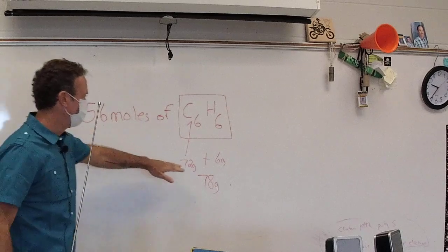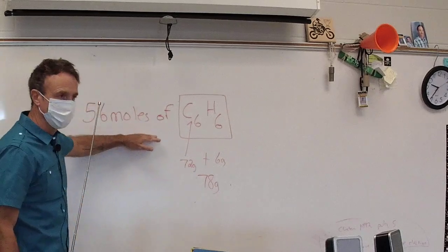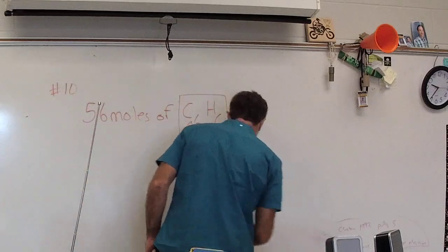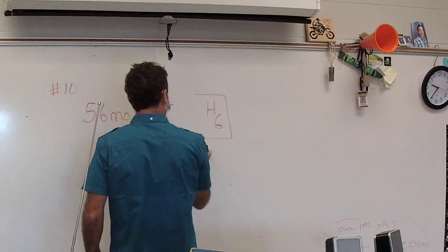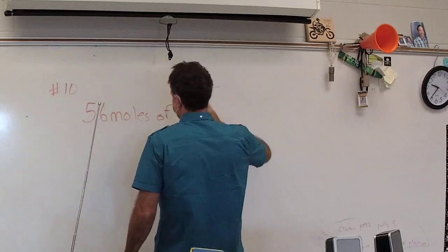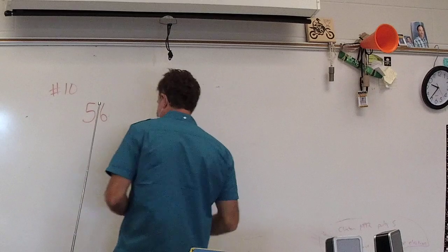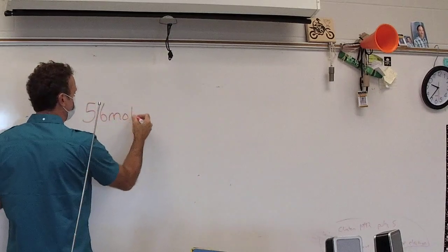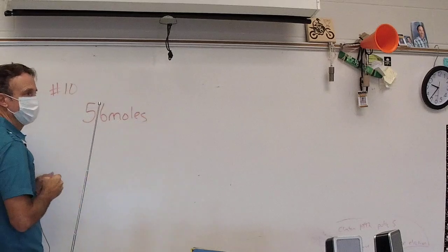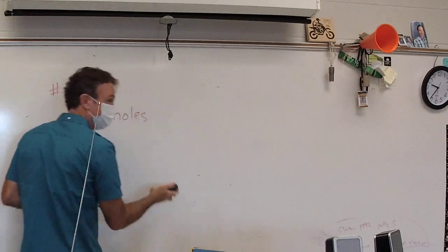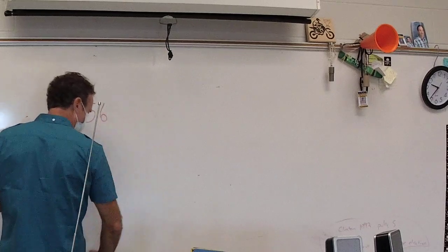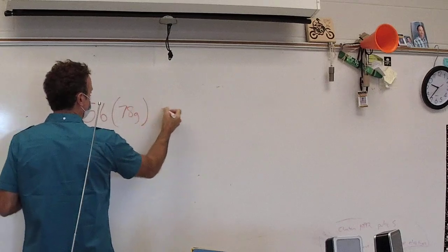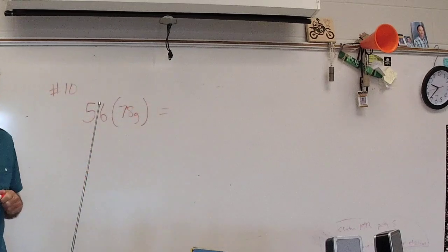But you don't have 1 mole. You have 5.6 moles of it. So very simply, instead of dividing like we did on the other side of the worksheet, we have 5.6 moles. Watch this. How much does 1 mole weigh of C6H6? 1 mole weighs 78 grams. So that's all there is to it.